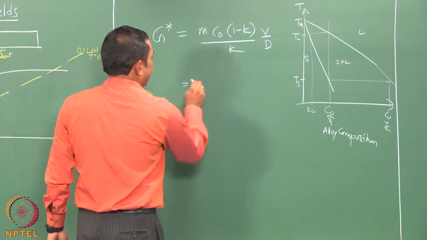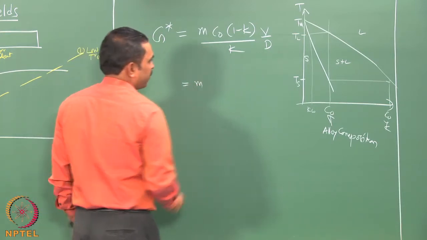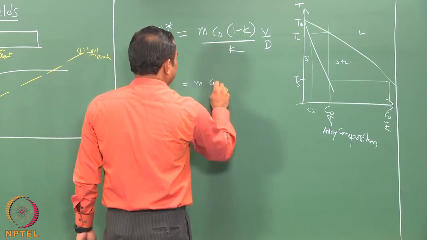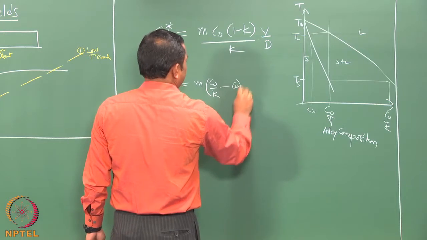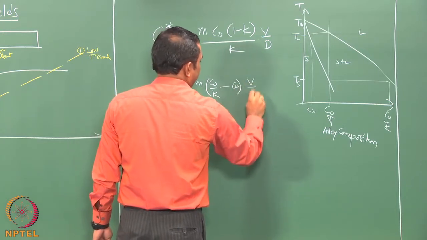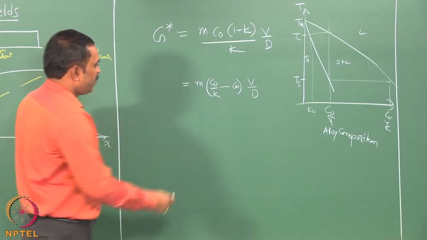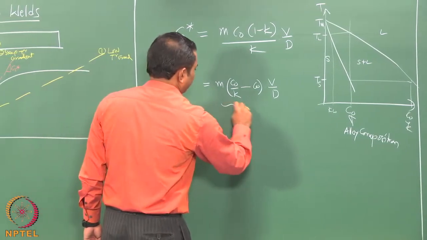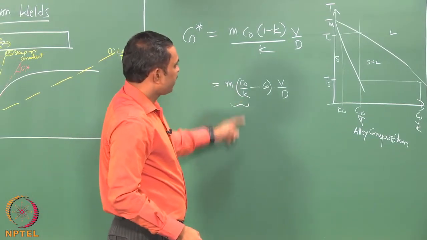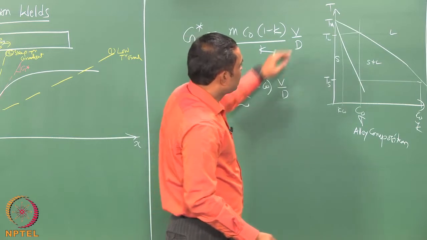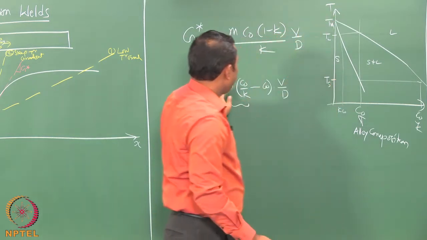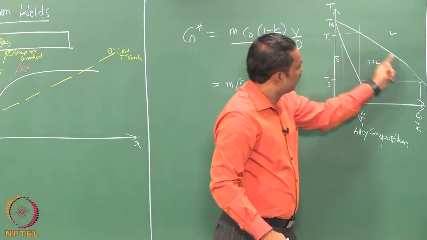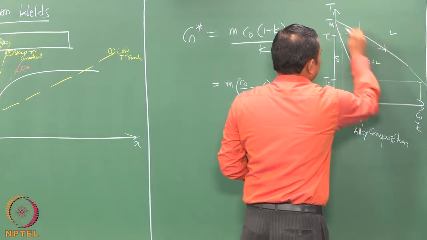So, we are writing it as m into C naught by k minus C naught, into V by D. Now, if you see this term, m C naught by k is nothing but the difference between this point and this point, because m into the liquid composition is going along the liquidus line.